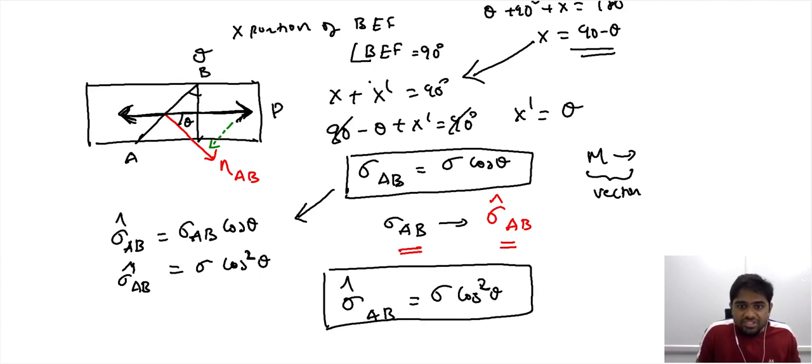So what we have essentially done in this lecture, to cap it all off, is we have considered an actual condition using the frame of reference. Instead of having an inclined loading direction, we have considered an inclined plane of interest. We saw that for this inclined plane of interest, under the loading condition we have considered in the test, the stress experienced by it is a portion of the stress experienced by the actual cross-sectional area.